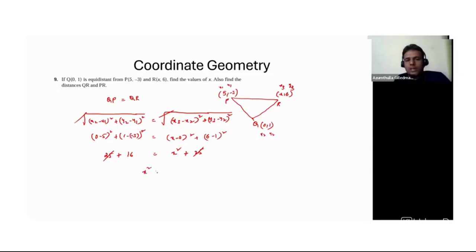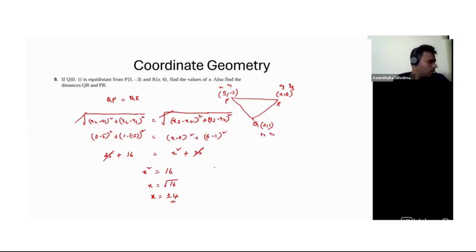From this, can I say x square is 16, and then x is the square root of 16, so x is plus or minus 4. Plus 4 square or minus 4 square, the value is 16. So the x value can be plus 4 or minus 4. So two values are possible for x where these points can be equidistant.